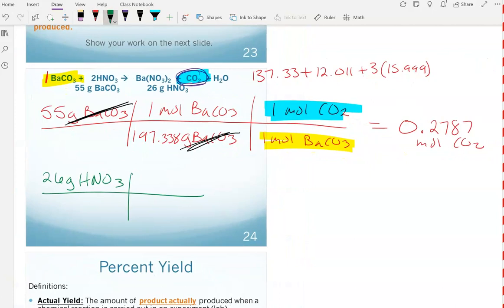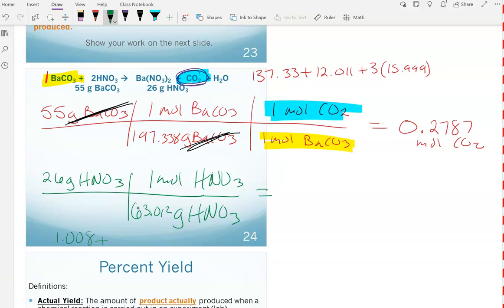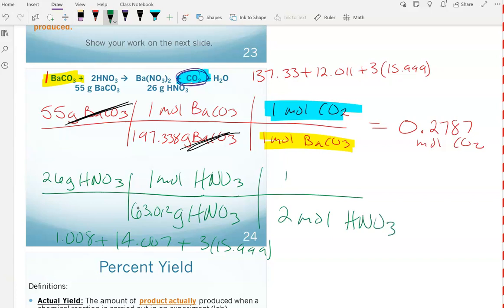And now I'm going to do the same thing with this problem. I'm going to find the grams of HNO3. That's equal to 1 mole of HNO3. And so that would be 63.012. And again, that was by finding the molar mass plus 3 times 15.999. And then I will do the same thing. I will use the balanced equation to convert moles of HNO3 into moles of CO2.